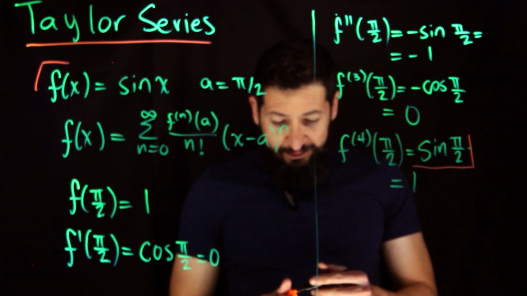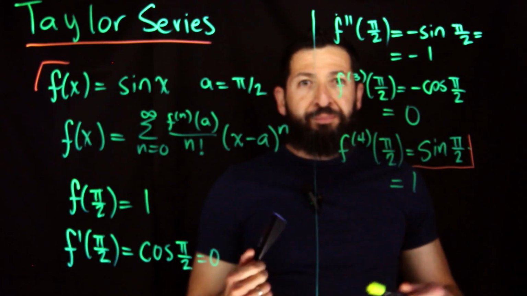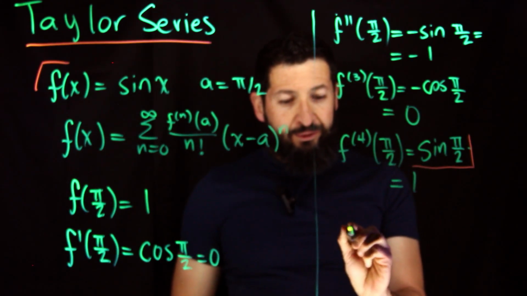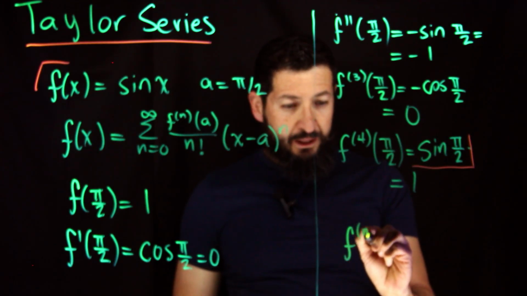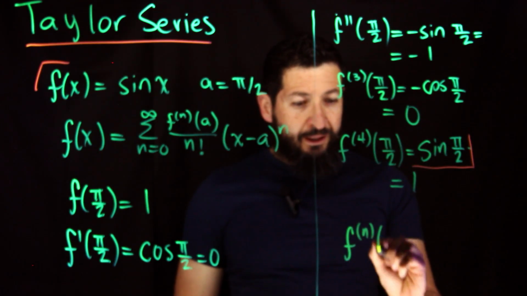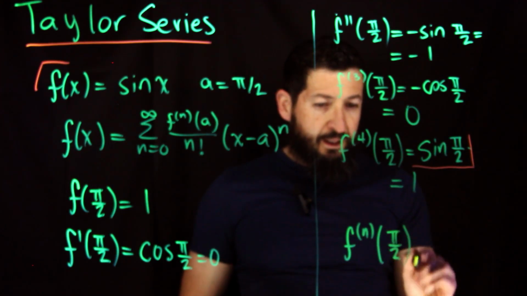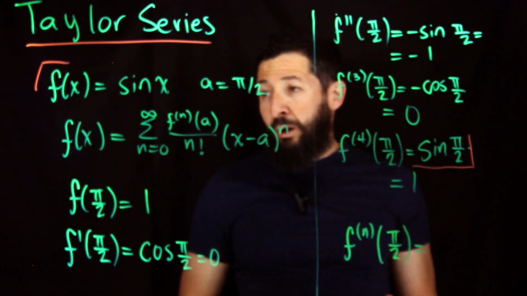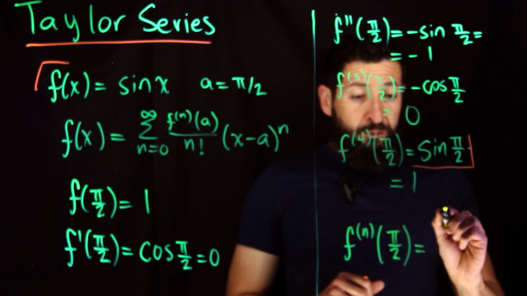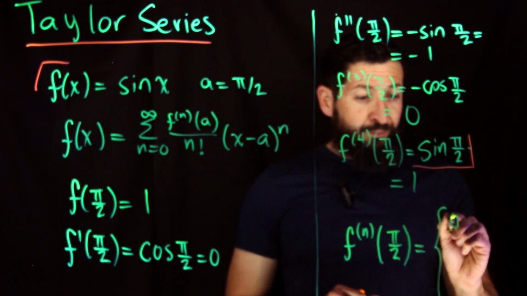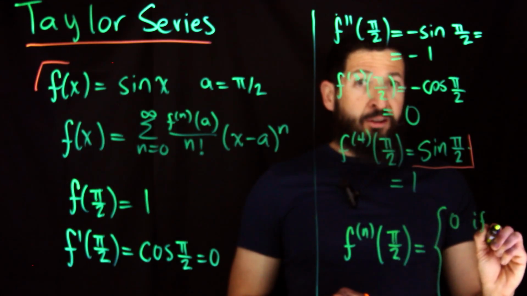So what that tells me is that the nth derivative at pi over 2 is going to be equal to different things. 0 if n is odd.